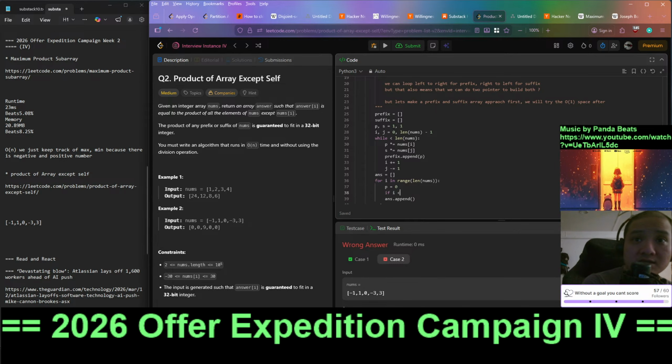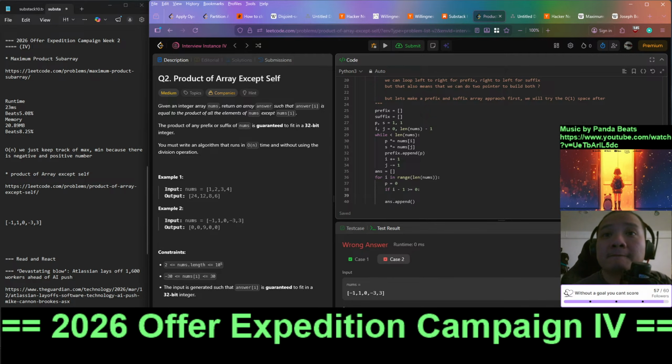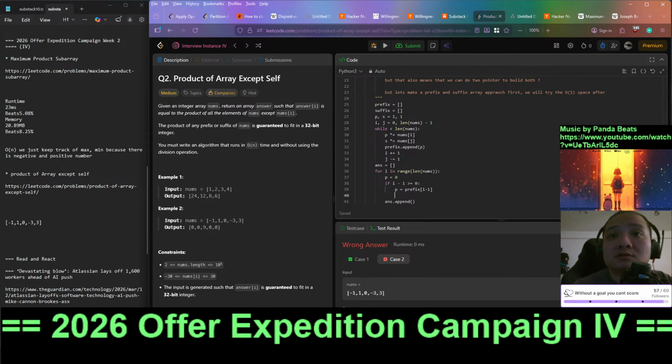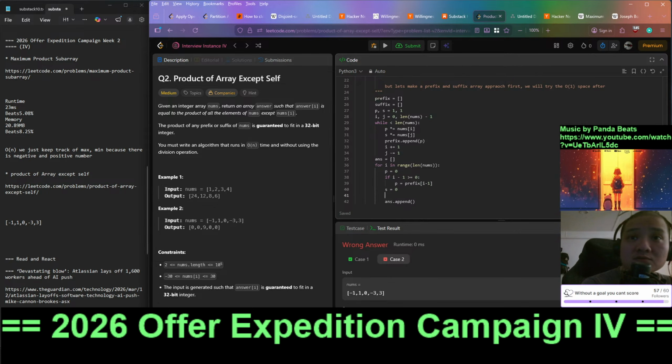If i minus 1 is greater than or equal to 0, then prefix is gonna be prefix[i minus 1]. Okay, suffix gonna be 1.